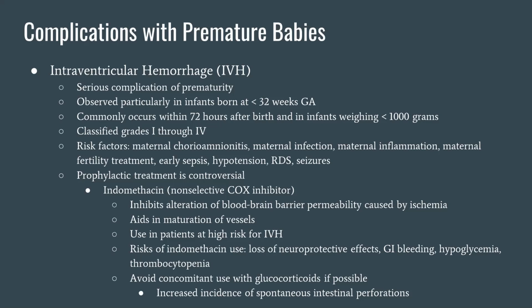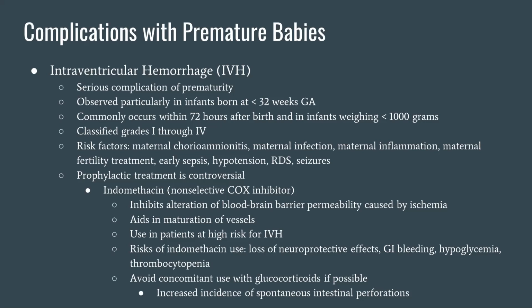And prophylactic treatment for IVH is pretty controversial. It has significant risks involved, so a lot of people don't like to use it. But if you do give prophylactic treatment, you're going to use indomethacin, which is a non-selective COX inhibitor. And it blocks the synthesis of prostaglandins, and prostaglandins do have some neuroprotective effects.